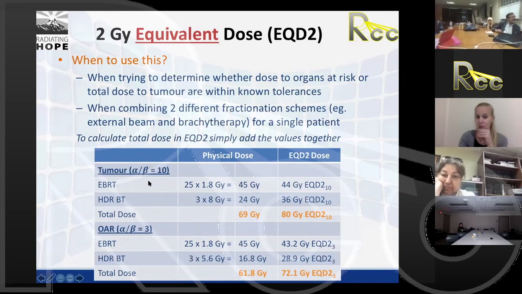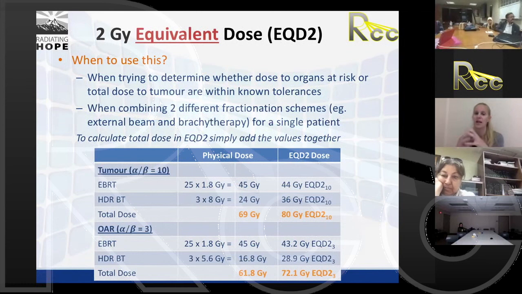So for example, and this would be a typical brachytherapy scenario, if you have your external beam, you've got 25 fractions, 1.8 gray per fraction, an EQD2 dose of 44 gray. With our HDR brachytherapy, we might give 3 fractions of 8 gray per fraction, 24 gray physical dose, but 36 gray EQD2, which gives us a total of 80 gray EQD2.